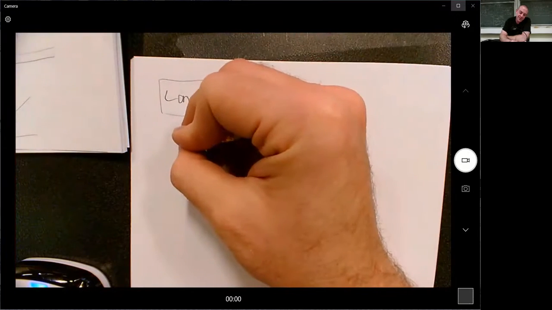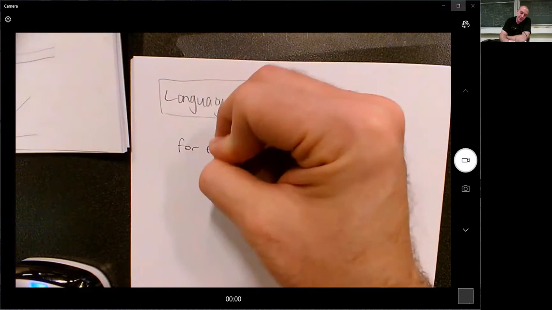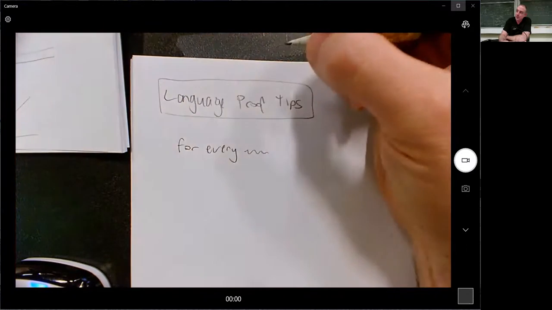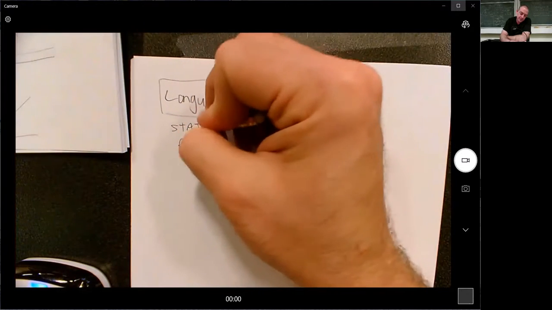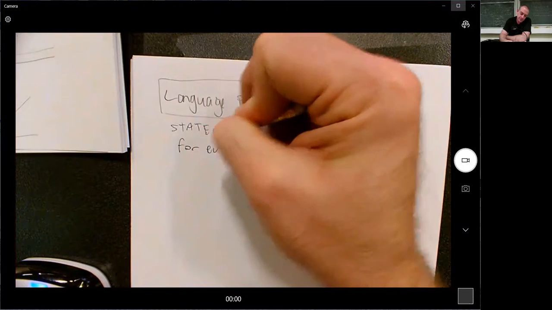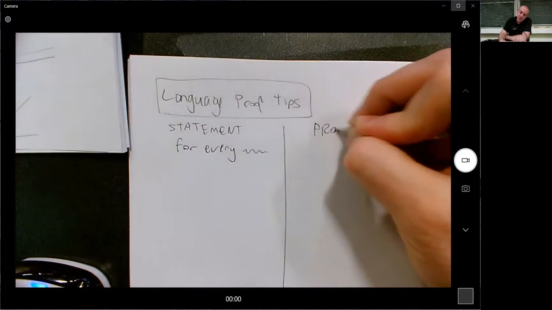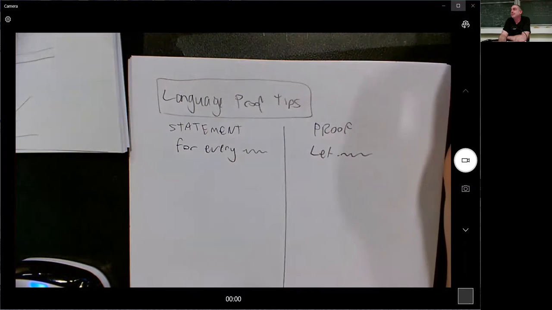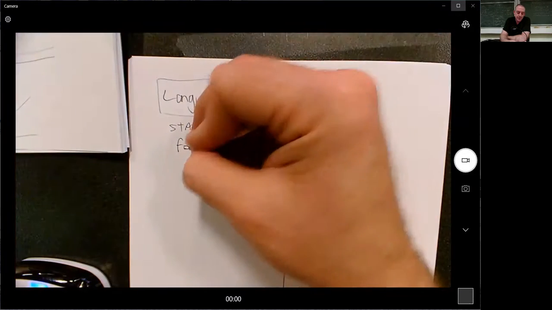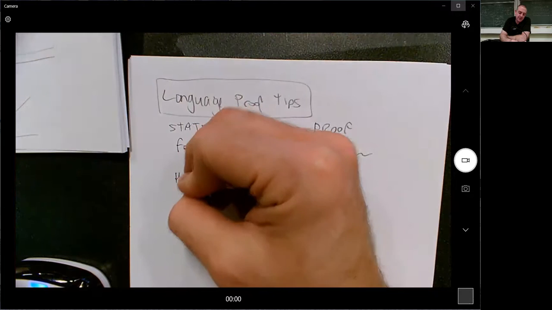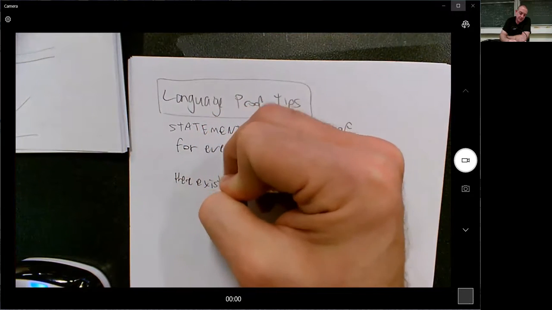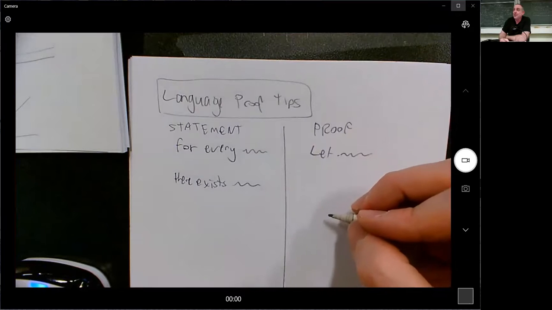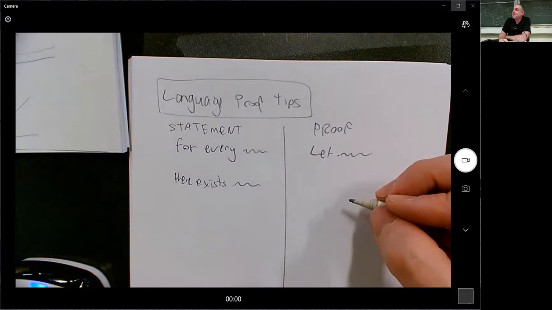I know that if it says "for every, blah, blah, blah" in the statement that you're trying to prove, then in the proof that usually looks like "let". And if it says "there exists", in the proof there's no particular words for it, you just have to mention it.